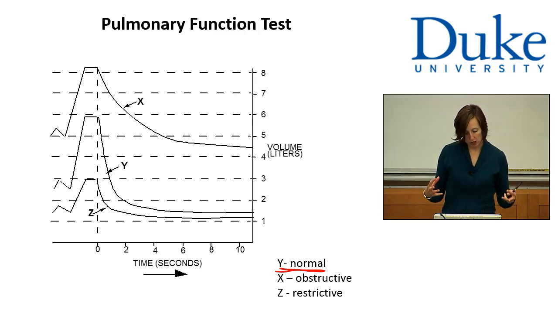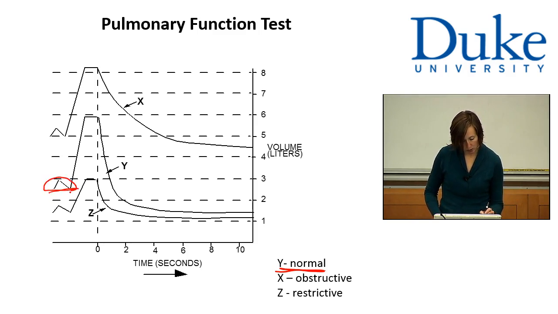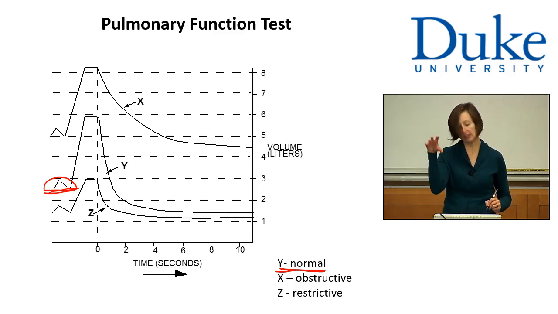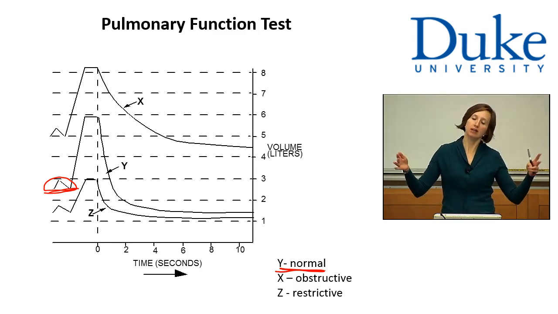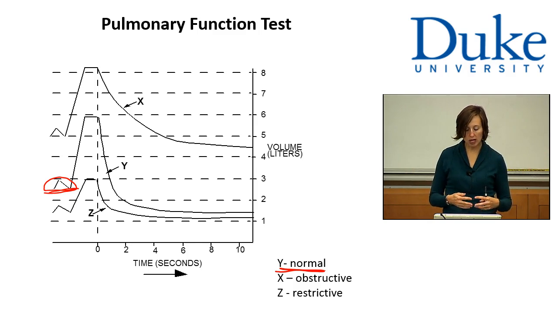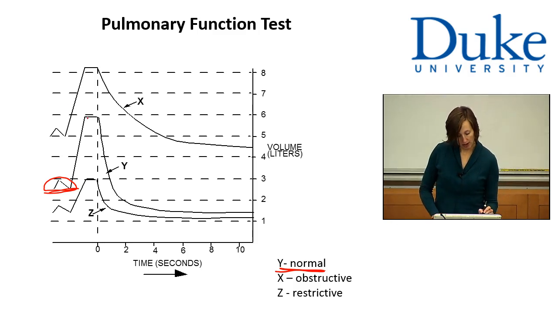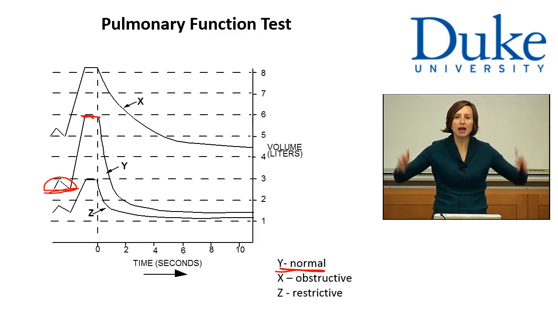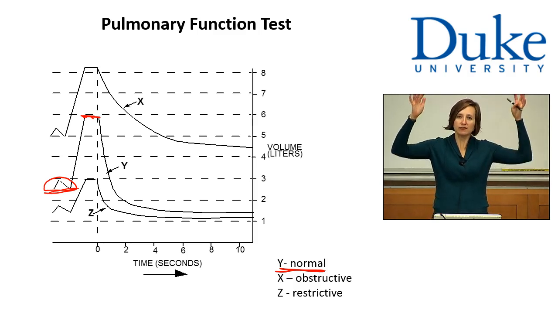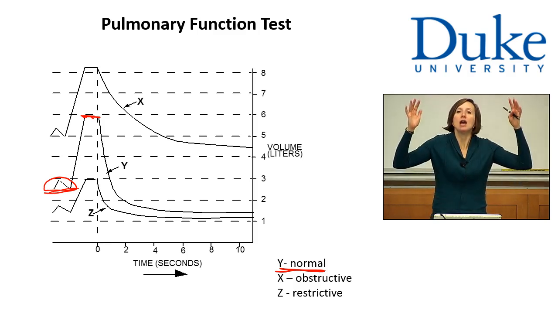And we're going to see that in this next slide, where Y is going to be this pulmonary function test for a normal person. Here at the beginning you can see they're taking a normal breath, about 1/2 liter, so they're breathing in and out normally, and then they're told, okay, inhale as much as you can. And that's where they are right here. Then they're told, okay, breathe out, push out that air as fast as you can, and all of your air.